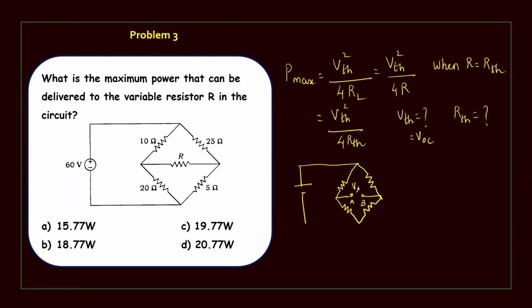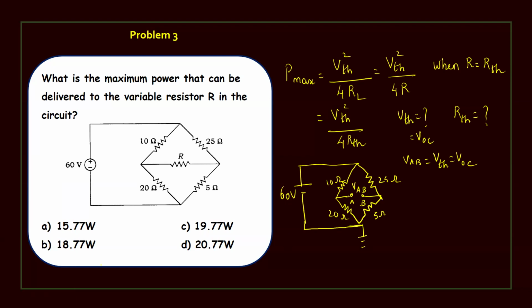So this is VAB, which is equal to Thevenin's voltage, which is equal to the open circuit voltage. So like the previous problem, we can solve for VThevenin. This is given as 60 volt. This is 10 ohms, 25 ohms, and then this is 20 ohms, 5 ohms. So take this as the grounded terminal.